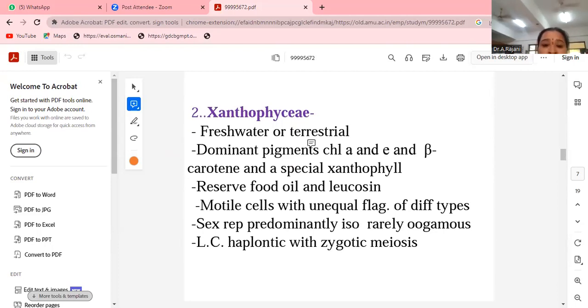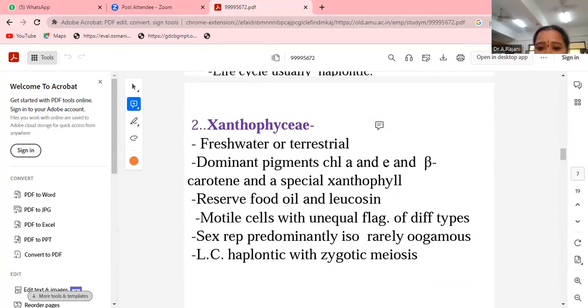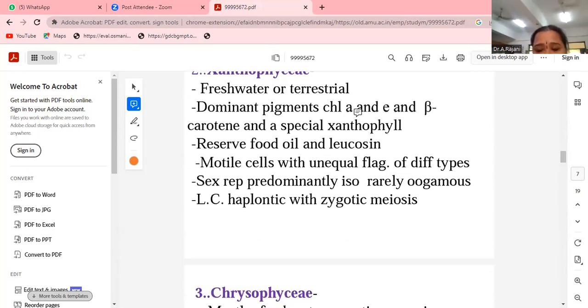Coming to the Xanthophyceae. These are also freshwater and terrestrial, not marine. You can observe them only in freshwater and some terrestrial water. Pigment system here: chlorophyll A. Another very important thing: chlorophyll A is very common, students, in all classifications of algae. But where another chlorophyll pigment is there, in that one A is there and another one B. Same in Xanthophyceae, chlorophyll A is very common.